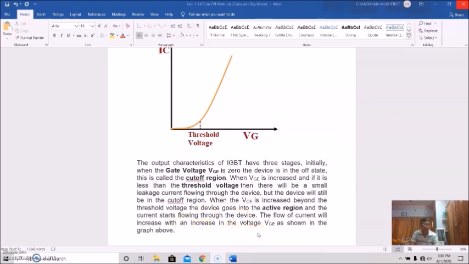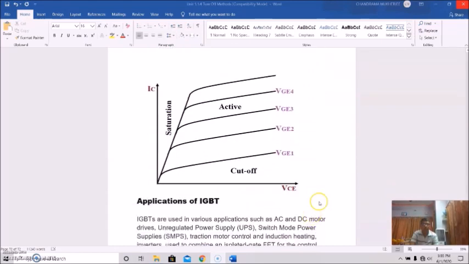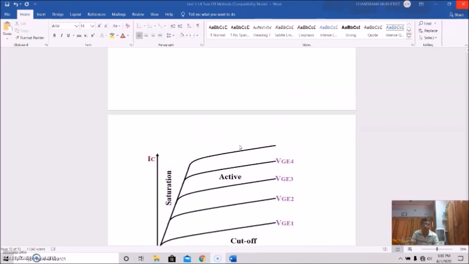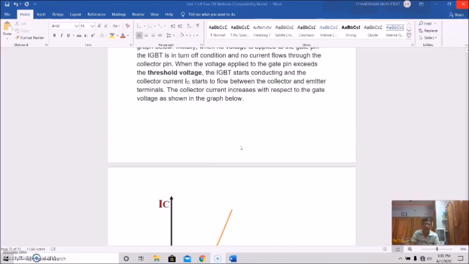This flow of current will increase with the gate emitter voltage. That is shown here: the collector emitter voltage against the current. This is the cutoff region at gate emitter voltage 1. Now it is increasing to gate emitter voltage 2, and this region is called the active region. So that is the characteristics of this IGBT.